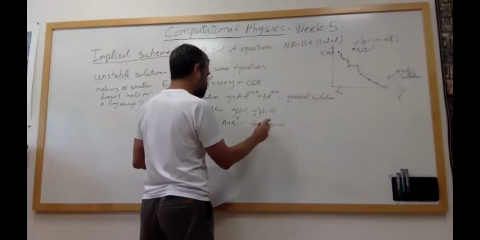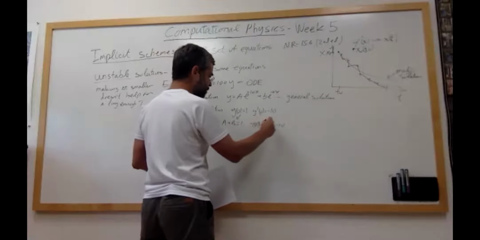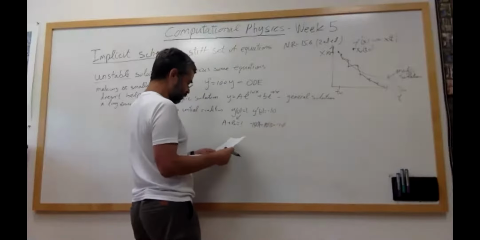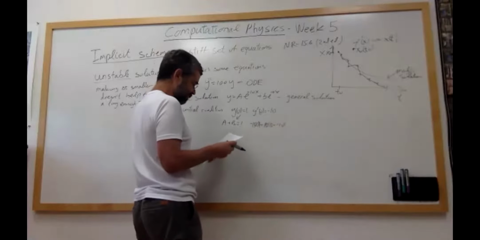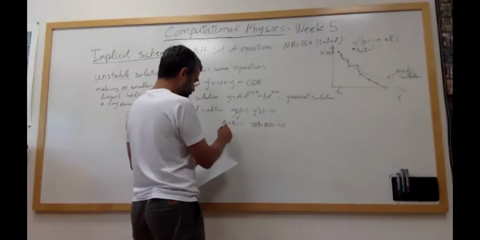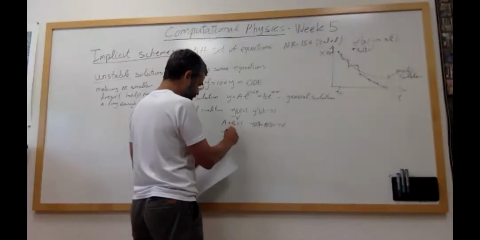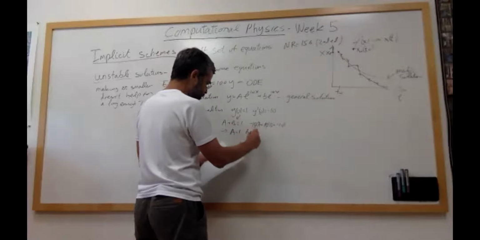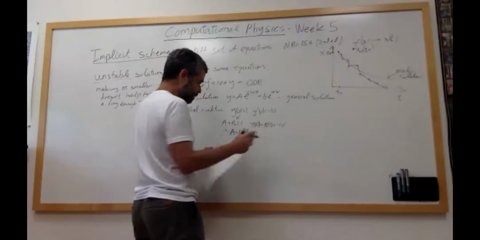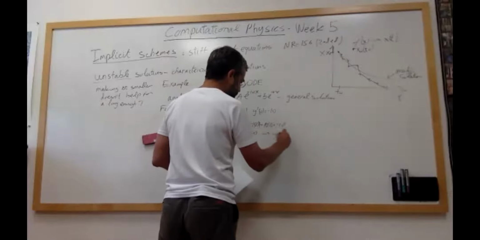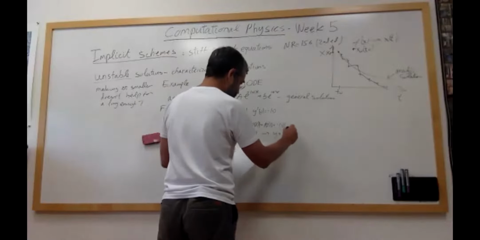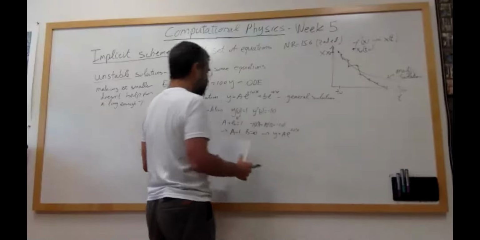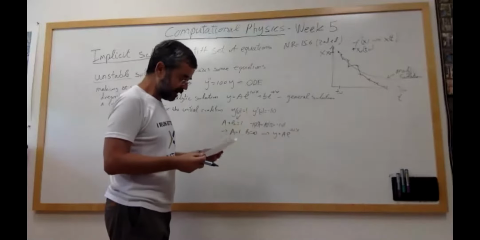So the solution is, take a simple case that a is 1 and b is 0, and the solution is that y is e to the minus 10x. So everything here is just analytic.